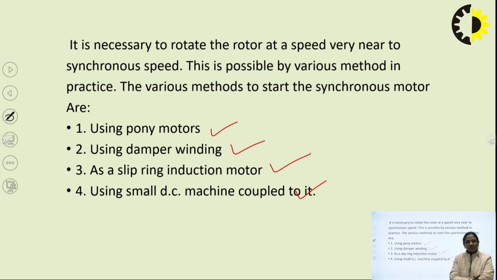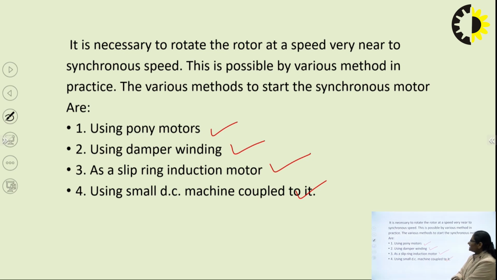The meaning of favorable condition is that unlike poles of stator and rotor are near to each other. So when the speed of rotation is near to synchronous speed and when the favorable conditions exist, the rotor will pull into magnetic locking. Once the rotor is magnetically locked with the stator magnetic field, the rotor won't have any other option but to rotate with the stator produced rotating magnetic field at the same speed, which is the synchronous speed of the machine.